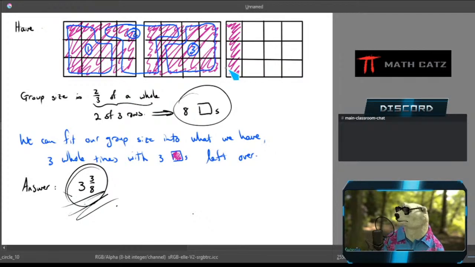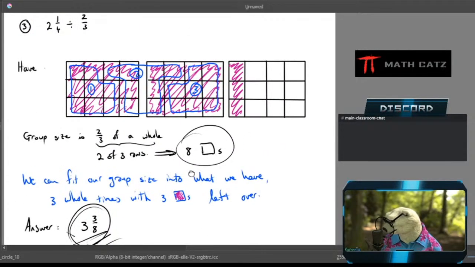The drawing is a bigger part of it than usual, and I think that's maybe the reason. All right, so we see that the first number can be a mixed number, it can be large, can be small, whatever. It's about the second one, fitting that in to what I have.